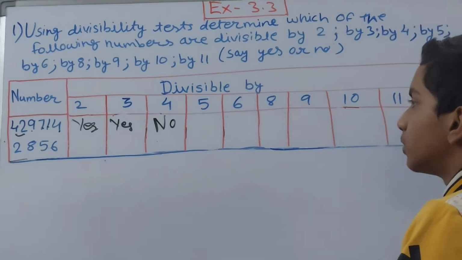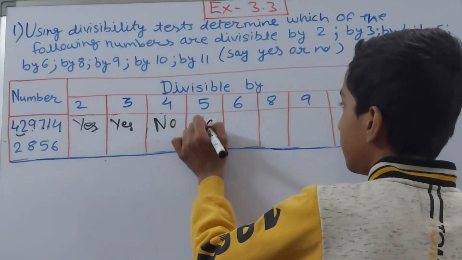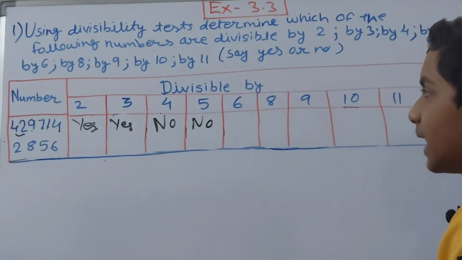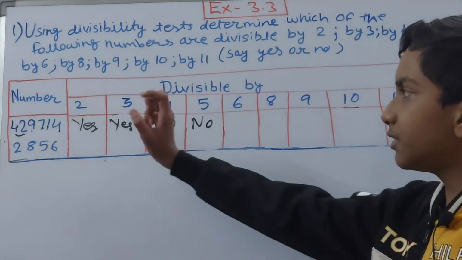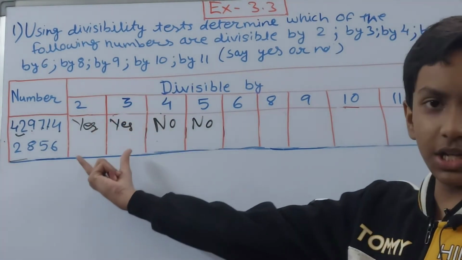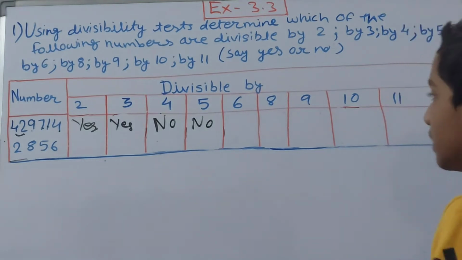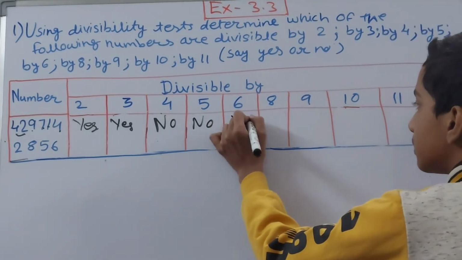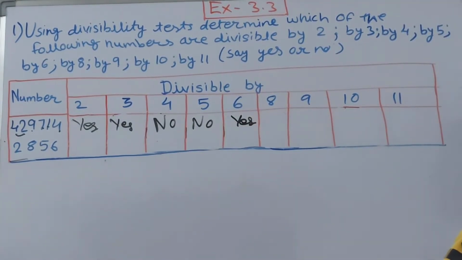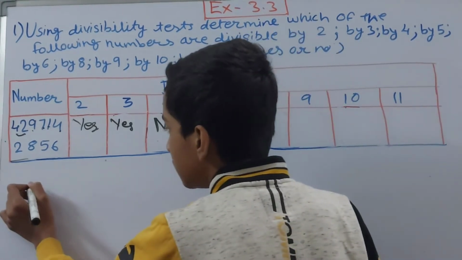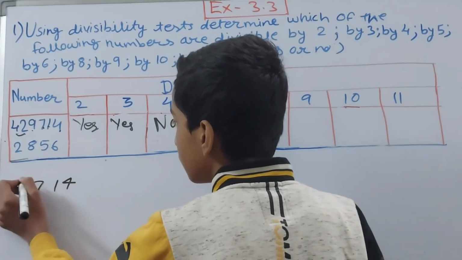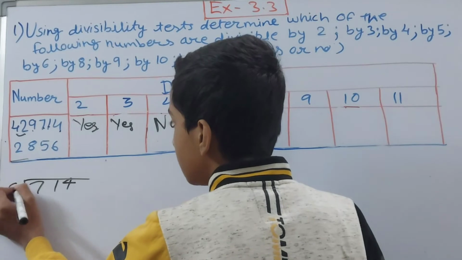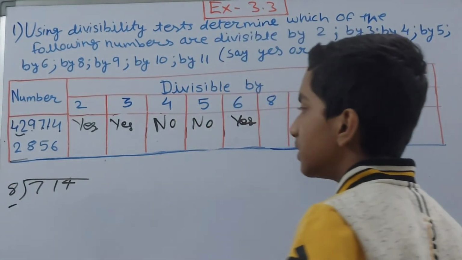We are having 4. So it is not the number which we want. Then for 6, the number should be divisible by 2 and 3, and it is divisible by 2 and 3. So it will also be divisible by 6. For 8, check the last 3 digits, 714, divided by 8. So 71.